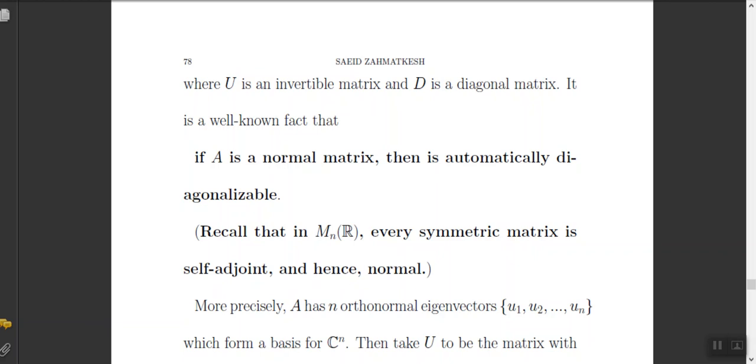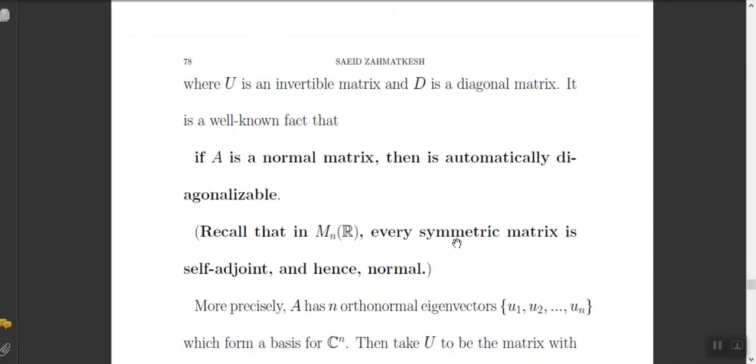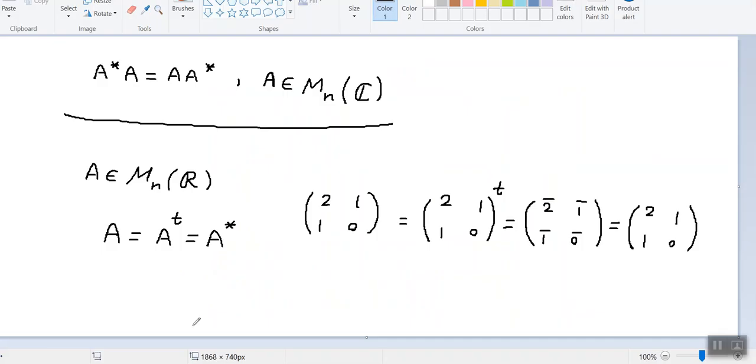Again, let me explain here. If we have a square matrix with real entries, when we say A is symmetric, what does it mean? It means A equals the transpose of A. But actually the transpose of A equals the adjoint A star.